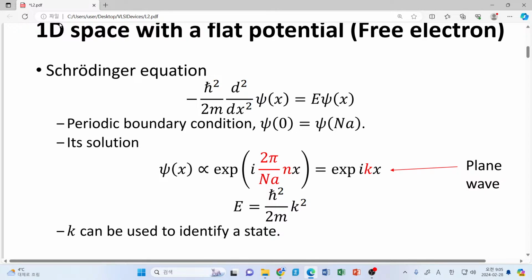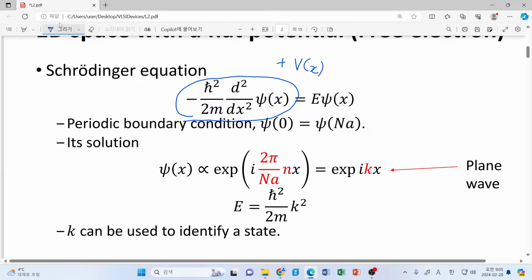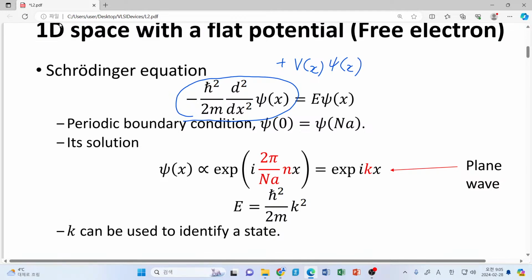Here we have a part corresponding to the kinetic energy of our electron, and of course we have another term corresponding to the potential energy, the potential energy multiplied by the wave function.